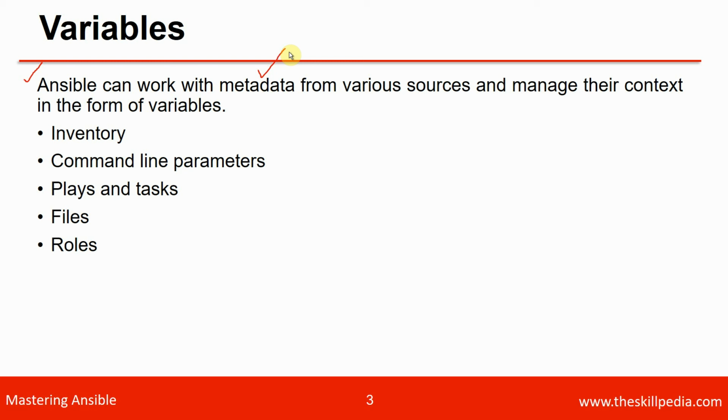If you want to install a web server, it will be different if you're using Ubuntu: the package name will be different, the command will be different, the module will be different. If I'm in the CentOS or Red Hat family, the package name is different. For the Ubuntu family, the package name is different. So you must know what is running on that remote machine.